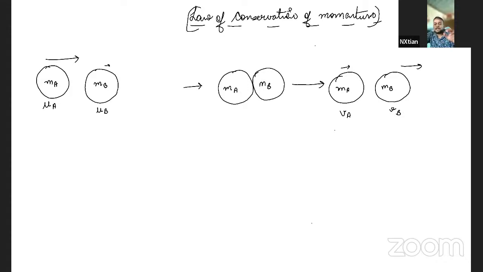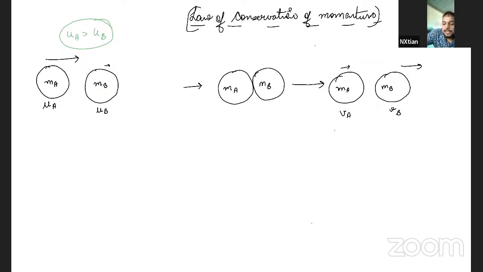Then only the collision will occur. If B ball is running very fast and A is slow, then they will not collide. If A ball is fast, then only the collision will occur. Okay, so in this case, UA is greater than UB.